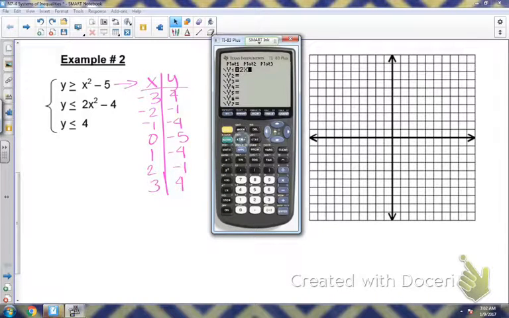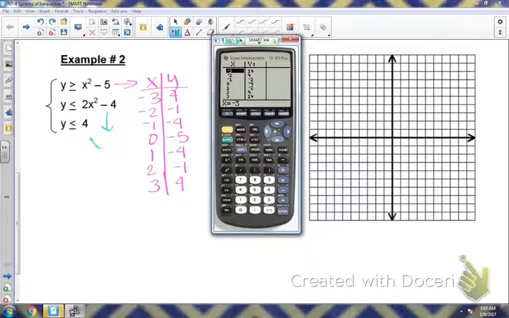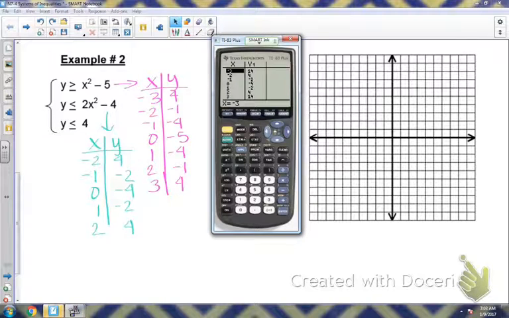Type in the second one, 2x squared minus 4. That's negative 2, 4, negative 1, negative 2, 0, negative 4, 1, negative 2, 2, 4, and those are the only ones that we can plot in the graph. Okay, and then this last one here, notice that it's just y is less than or equal to 4.